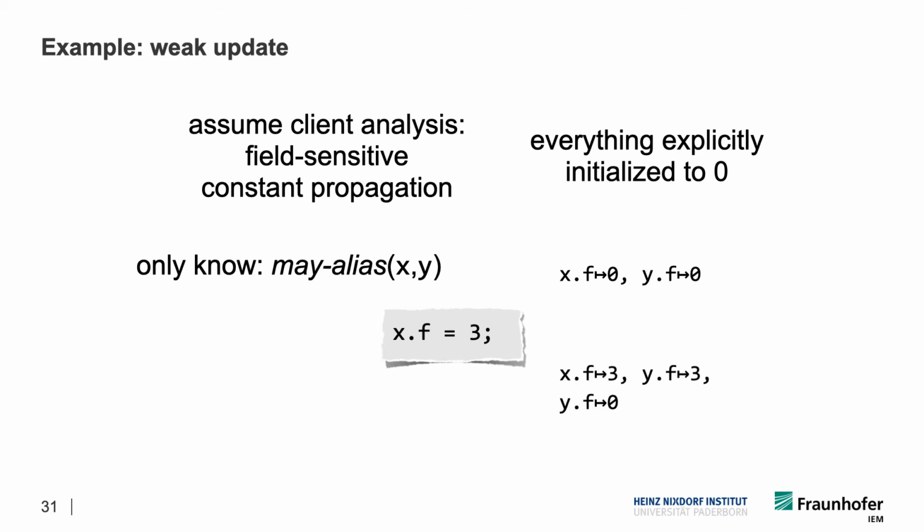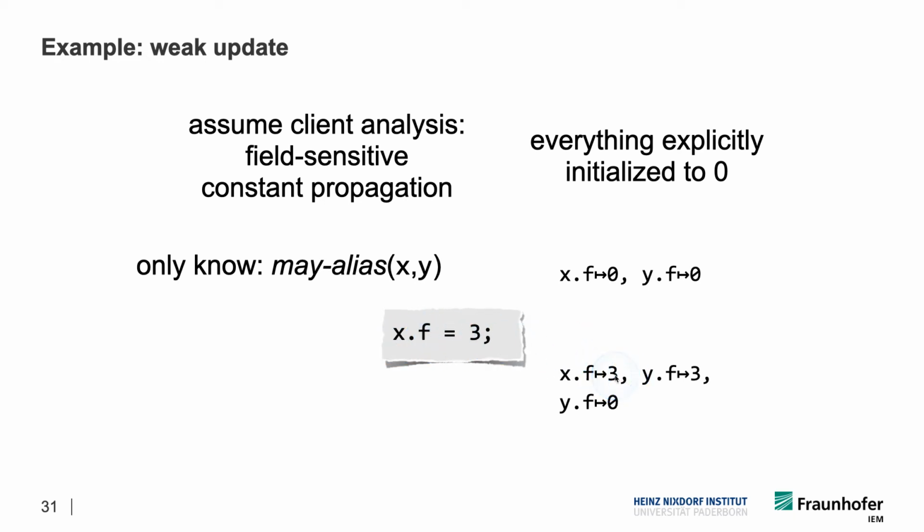And that's why using a weak update, you will get the following information. On the directly accessed pointer that you have here, you do your regular update. So this is definitely always being updated to 3.